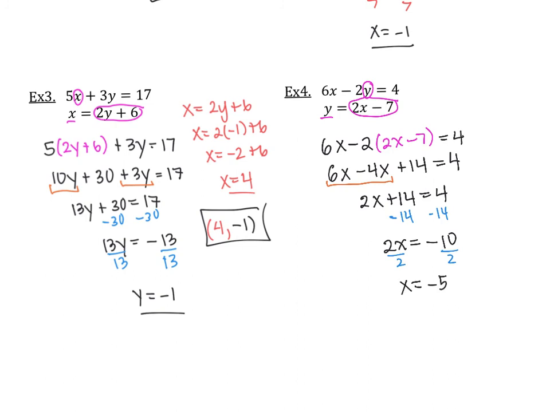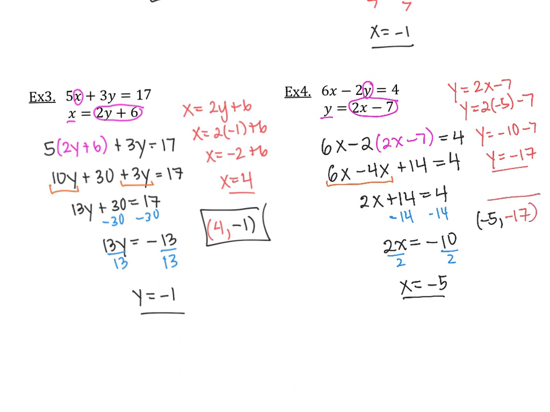After all that, I got x equals -5, which is good, but I still need the y value. So I'm going to go back up to the equation to tell me the y value. Y equals 2x minus 7. So 2 times -5 minus 7. -17, and then my answer is an ordered pair with the x coordinate first and the y value second.